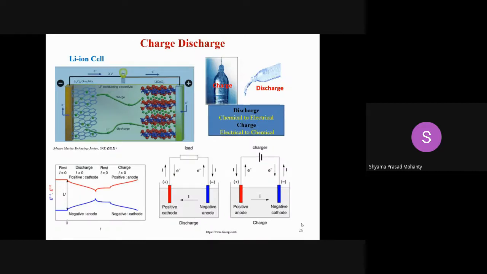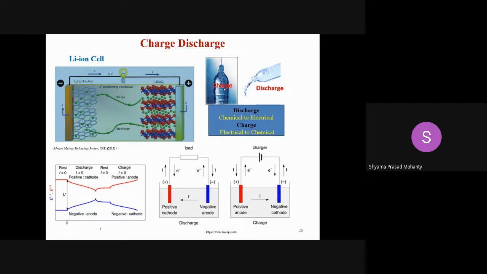As we will be discussing electrochemical cells, we should know about the charge discharge process. Charging means we are filling it with energy, like if you are having a water bottle and you are filling it, then you are charging. When you want to drink water, you will be taking water from that bottle, so we are discharging it.